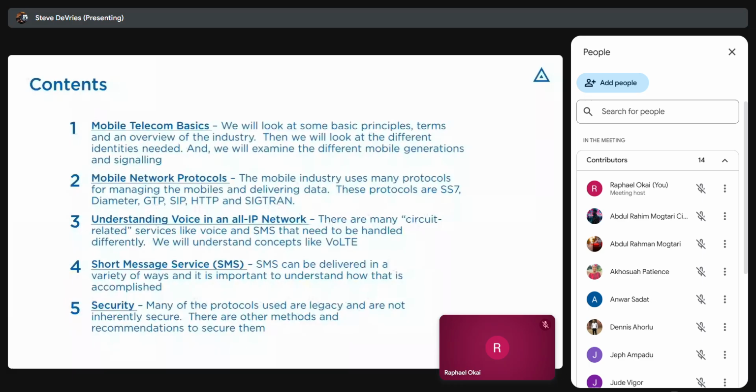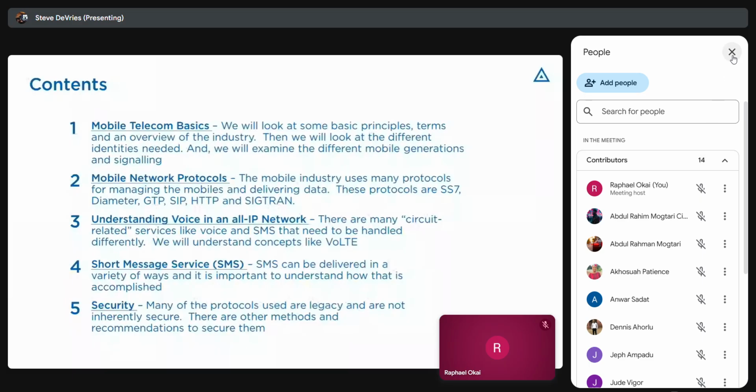We also need to talk about how you do circuit-related services or voice-related services in an all-IP network. Mobiles today, and going back into the last generation, are all IP networks, but they're still providing circuit-related types of services.